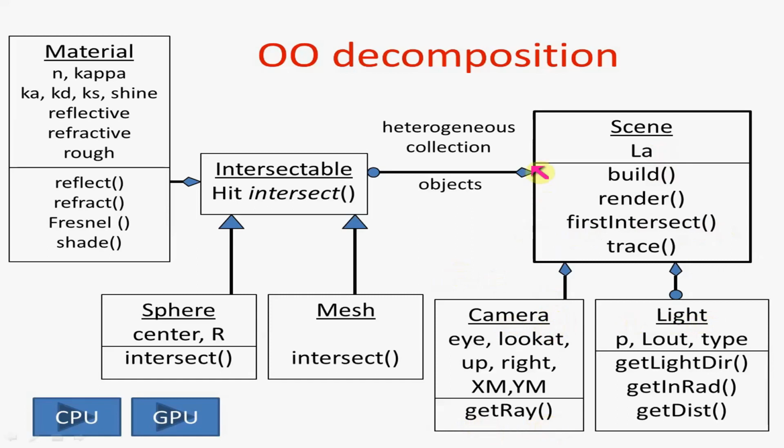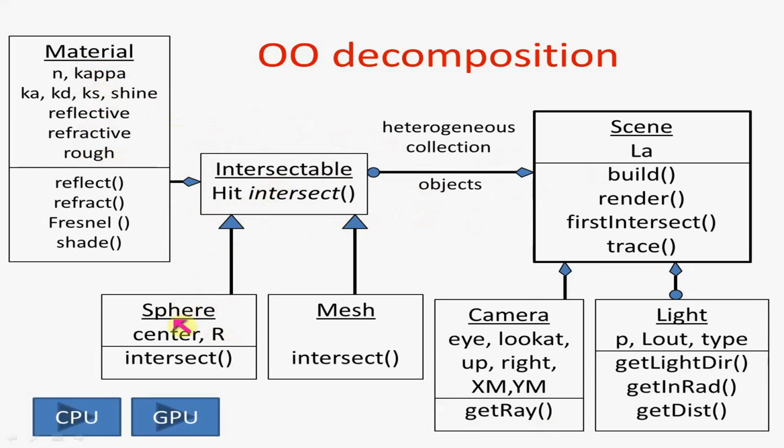The scene is also a collection of intersectable objects. Intersectable is just an abstract class, so this is a heterogeneous collection. All intersectables are associated with materials. A material is a collection of material properties.